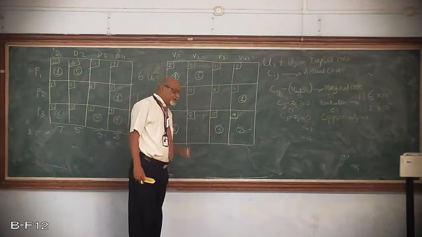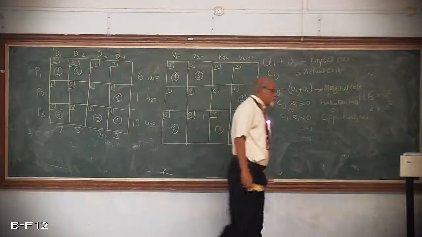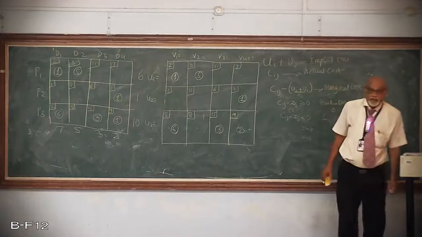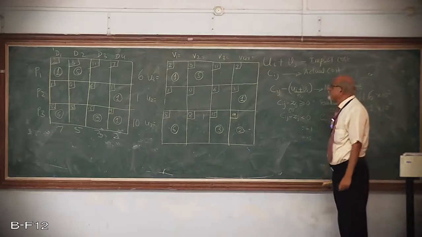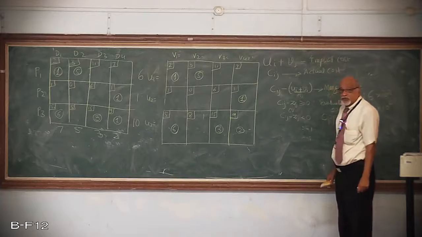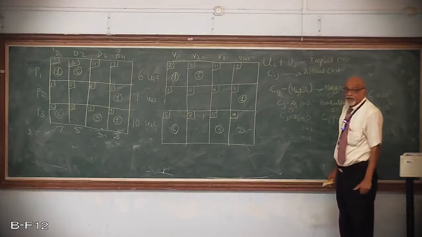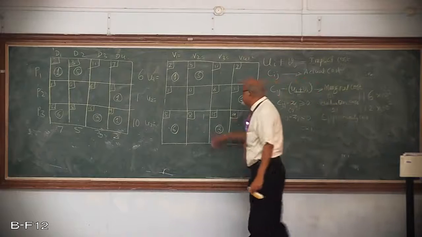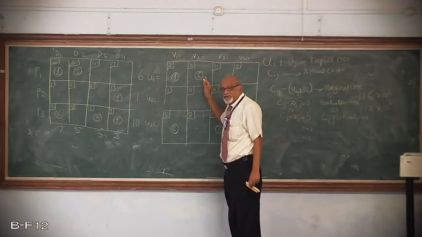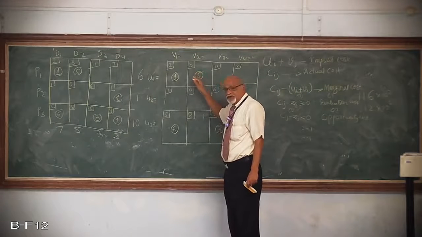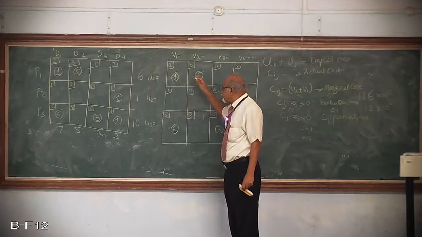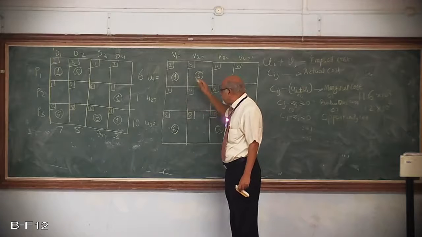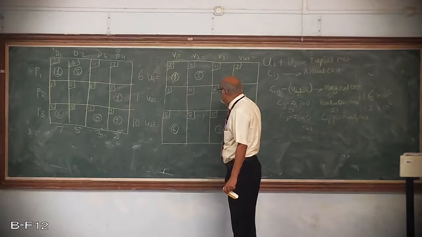The first thing is, we need to assume one of the Ui or Vj values equal to 0. You might ask why? Because I can frame only 6 equations using the filled-in cells, which are at most 6.